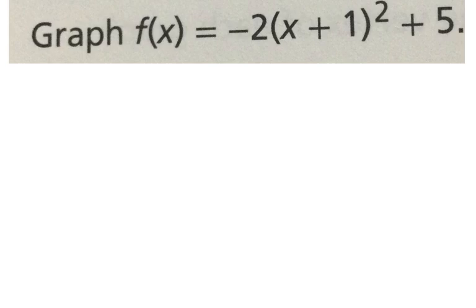Now I need to reflect that, open downwards. So I need to keep this taller, skinnier version and reflect it. Now I need to move that left 1, up 5.